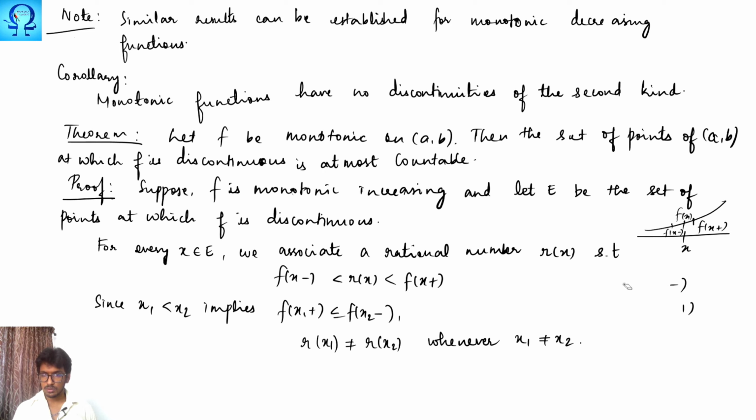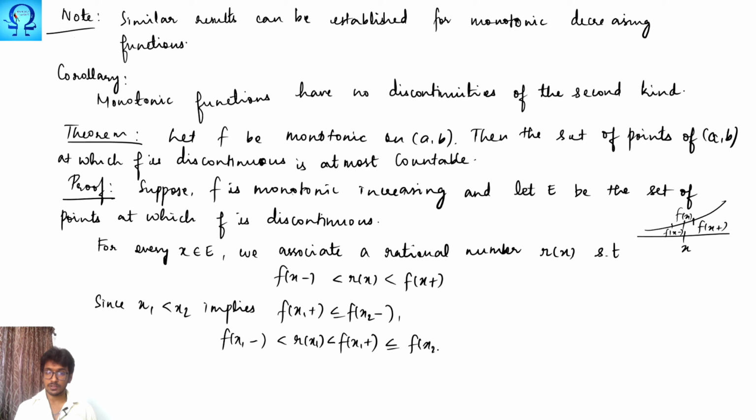I think I must have written these things in some other color. If you want, let me do it completely too. As a part of the proof, let me write it. Since this is happening, f of x1 minus is less than r of x1, which is less than f of x1 plus, which is less than or equal to f of x2 minus, which is less than r of x2, which is less than f of x2 plus.